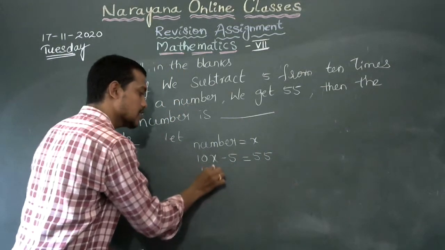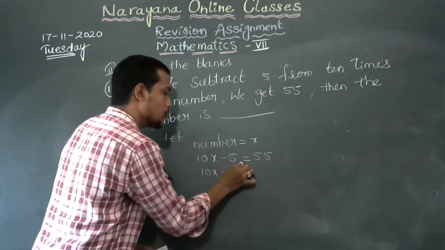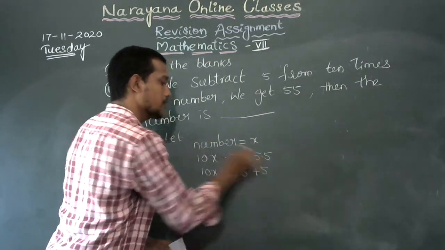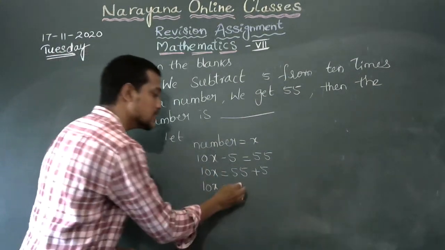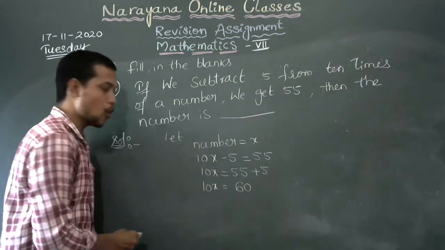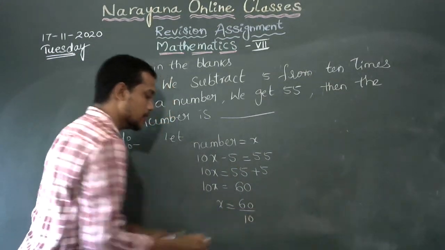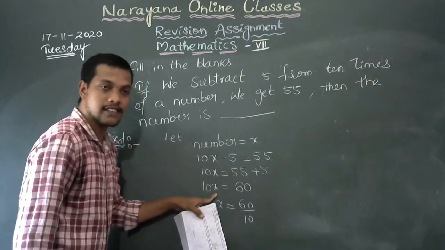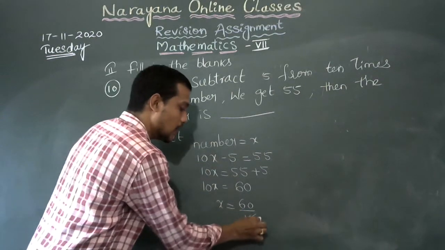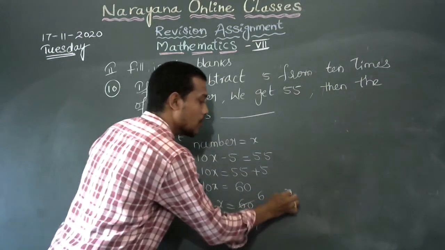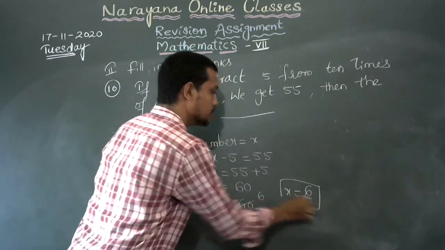So 10x, here minus 5, no, bring to RHS side, 55 plus 5. 10x equal to 55 plus 5 means 60. So here x equal to 60 by 10. Here 10 is multiplying with x. So that's why I am bringing to right side. It is divisible. 10 ones are 10, 10 sixes are 60. So x equal to 6.